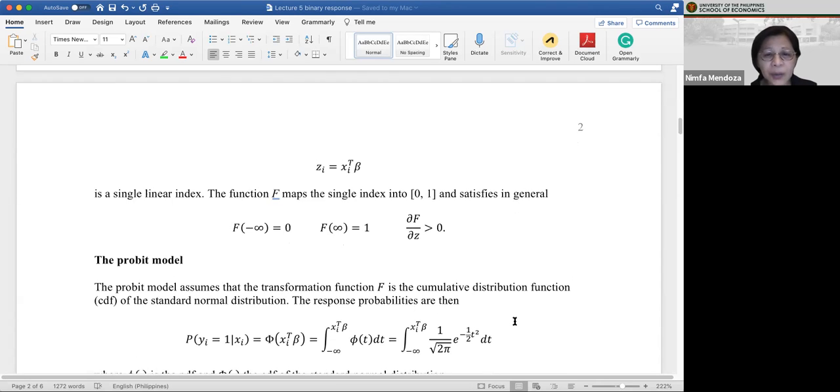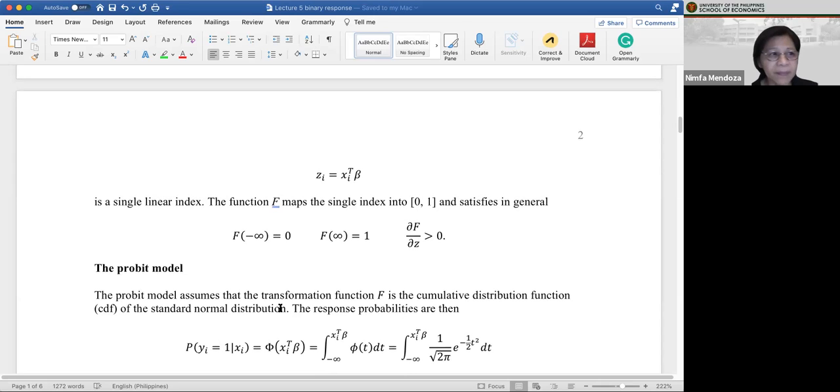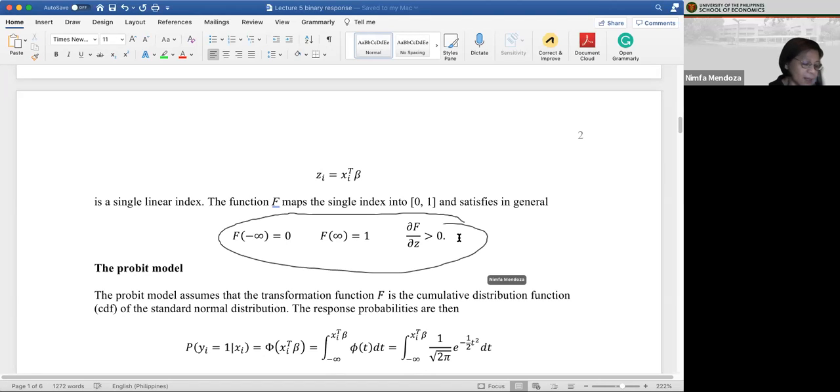So how do we get the probit model? The probit model assumes that the transformation function F is the cumulative distribution function of the standard normal distribution. Note that these properties are satisfied by the CDF.